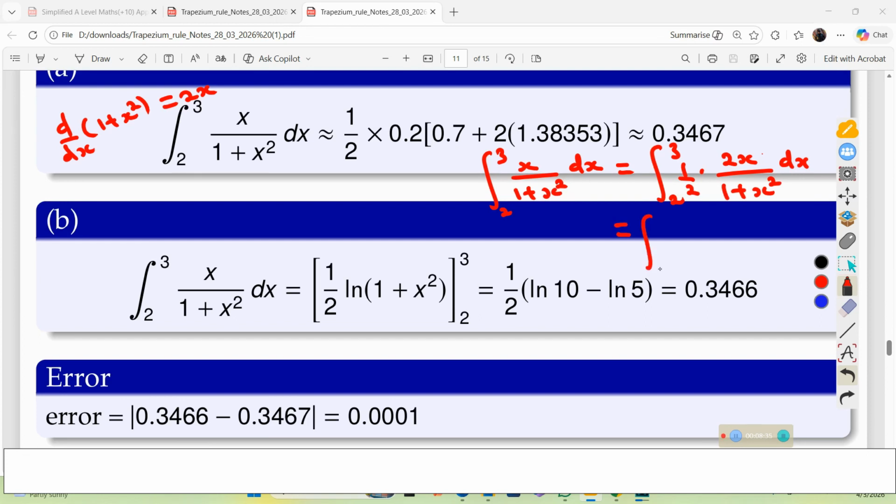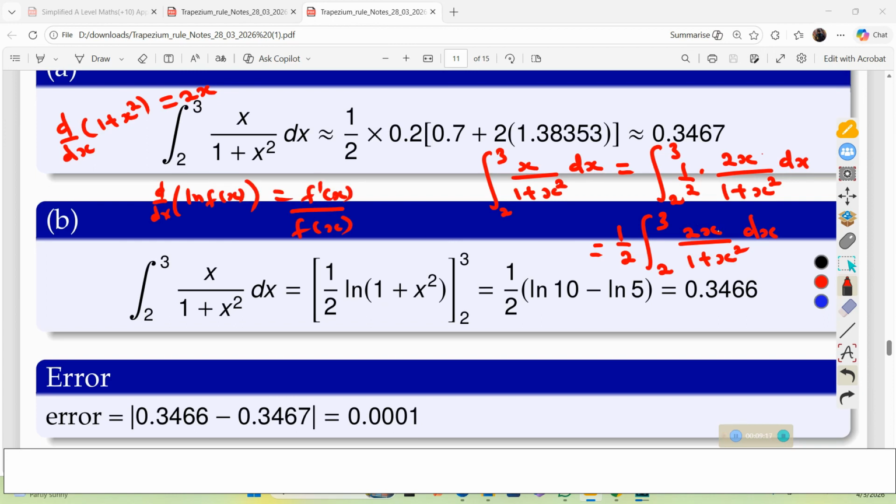So this is the same as having a 2, same as having a half, then the integral from 2 to 3 of 2x divided by 1 plus x squared dx. And when you integrate 2x over 1 plus x squared, this is ln. Remember, when you are dealing with ln, when you differentiate a ln of a function, you differentiate the function divided by the same function.